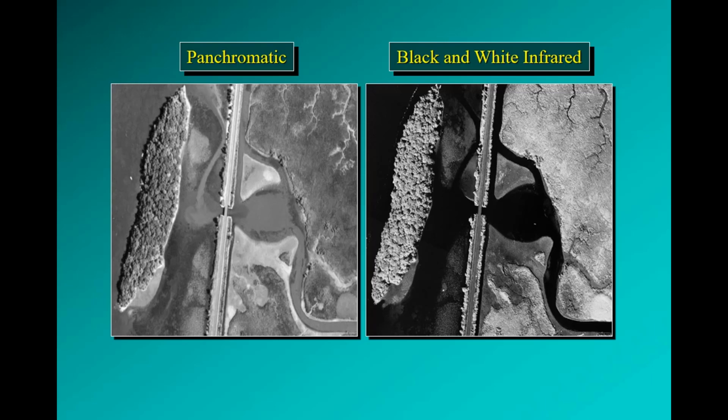And although we have the highest reflectivity in the green, the magnitude of the reflectivities in any portion of the visible portion of the spectrum does not approach the magnitude that we see in the infrared portion of the spectrum. So that accounts for the darker brightness values that we see in the panchromatic for the vegetated areas versus what we see in the infrared photograph.